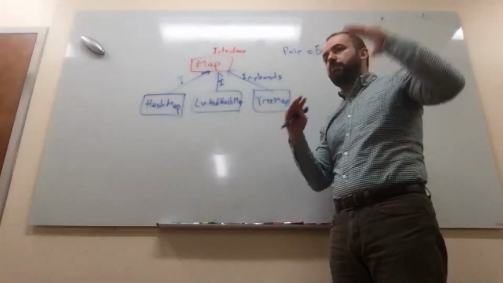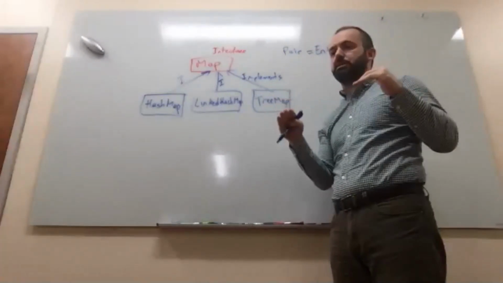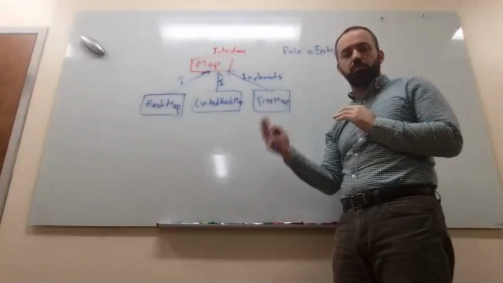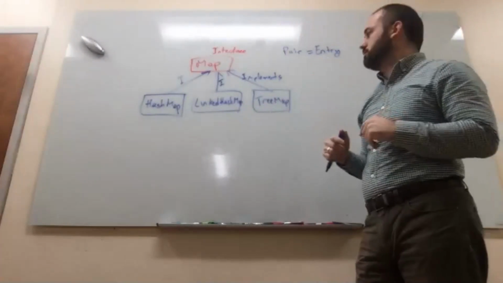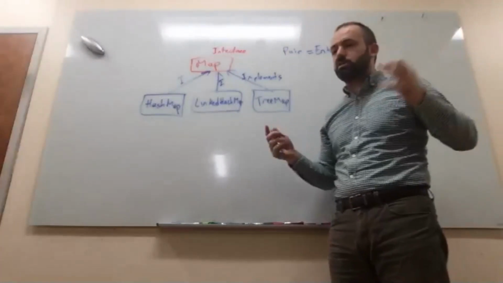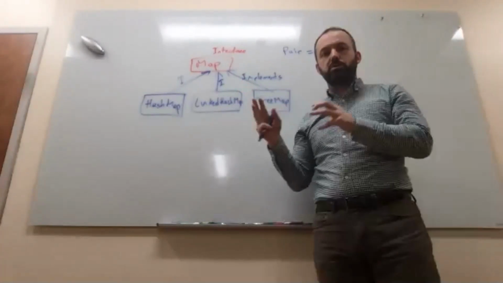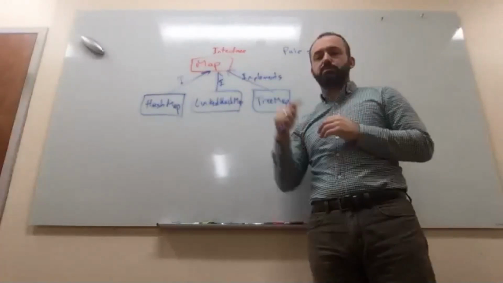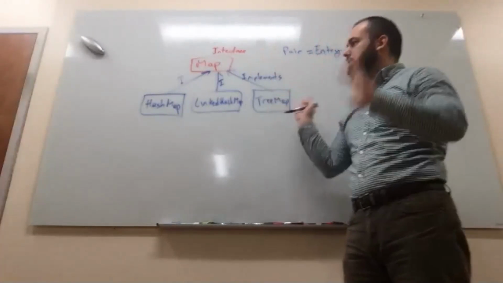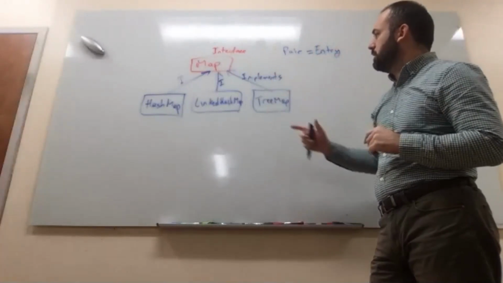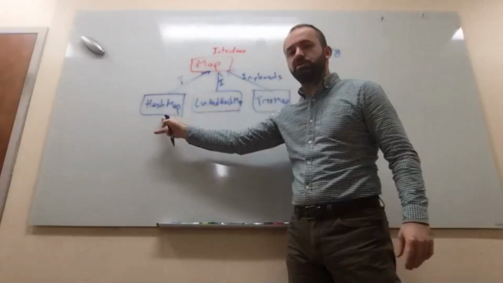So if the key is a string, they will be ordered alphabetically. If the key is an integer, they will be ordered from the smallest to the biggest, right? And if it's a different object, then they will have to implement a comparator method, with which you can compare different objects, which one is biggest, which one is smallest, but we don't need to learn about it, okay? So this one will not preserve the insertion order.